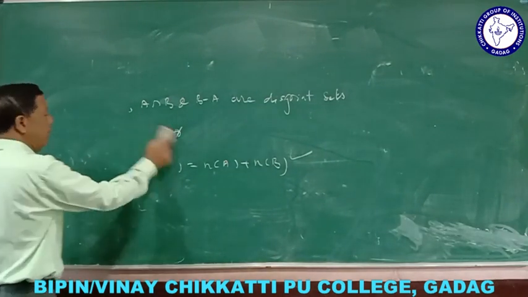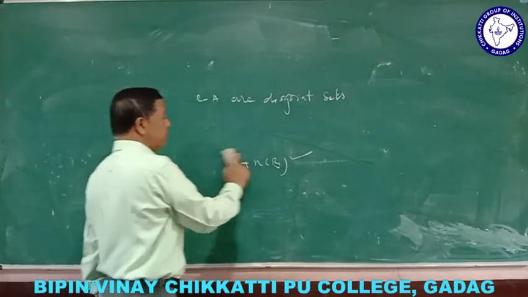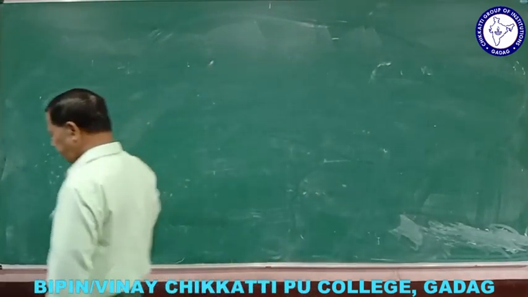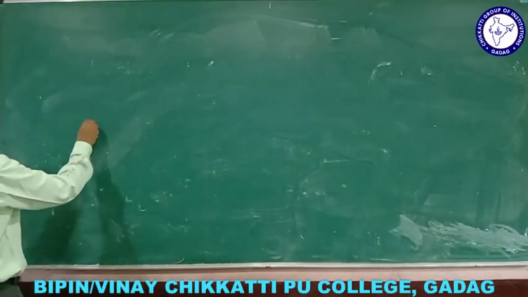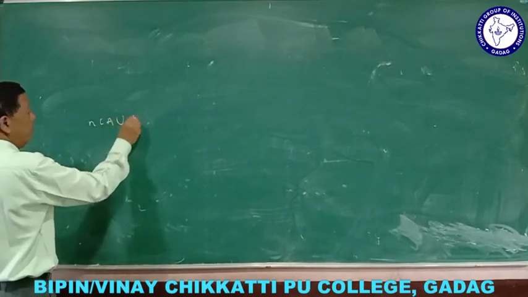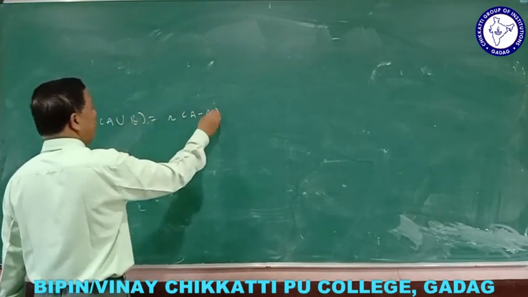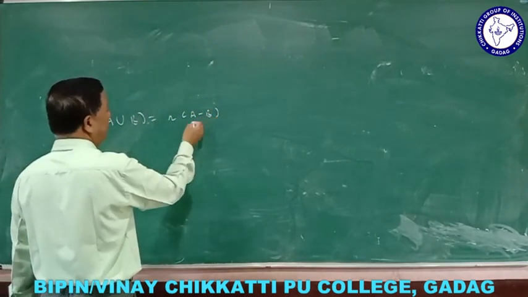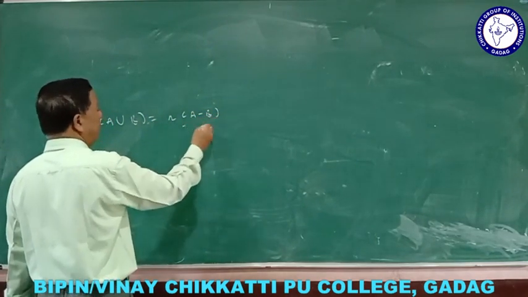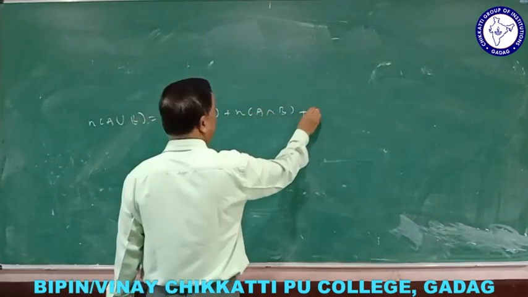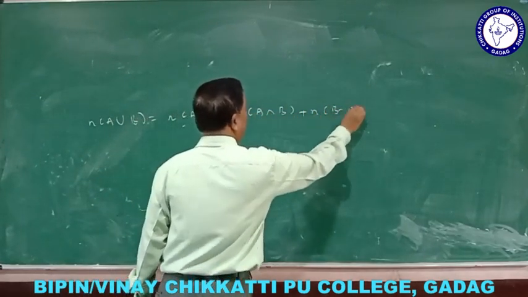Once again, if A intersection B is a null set, going back to the previous result, n of A union B is equal to n of A minus B, plus n of A intersection B, plus n of B minus A. This is the formula we have seen.